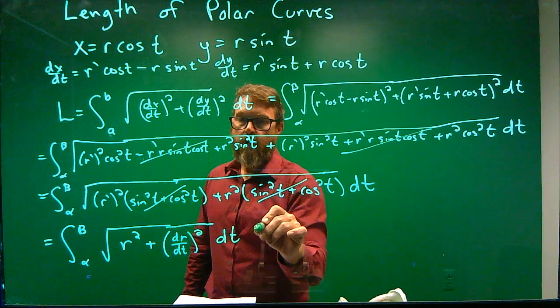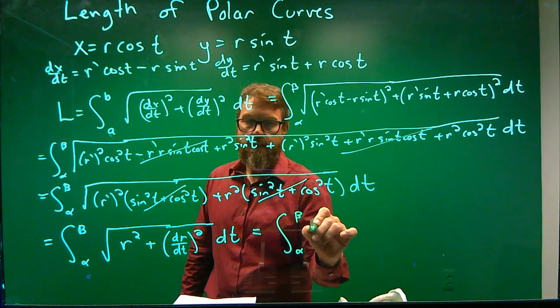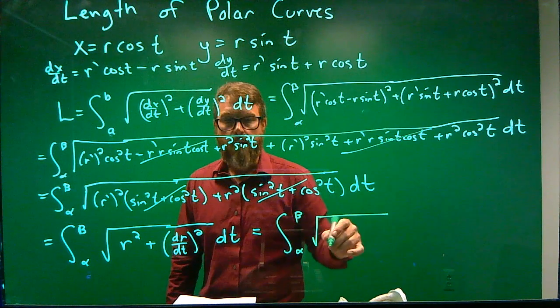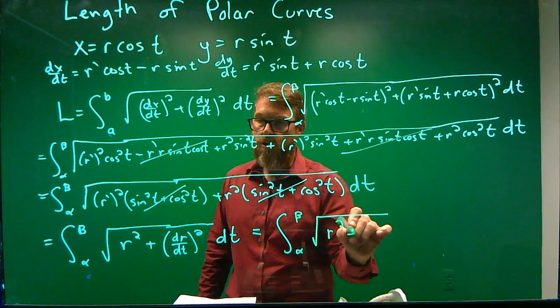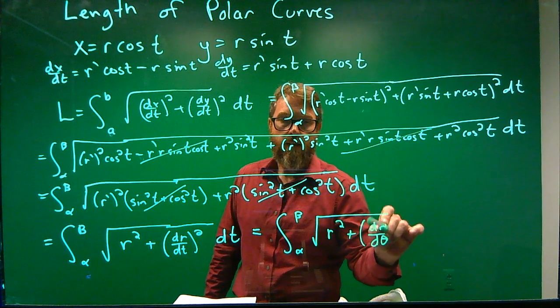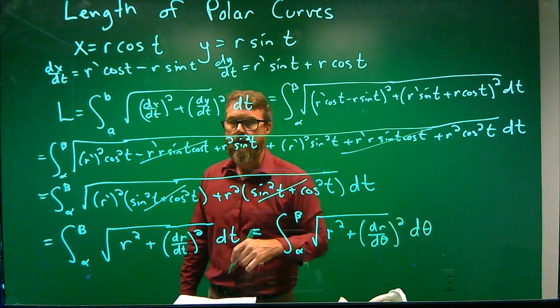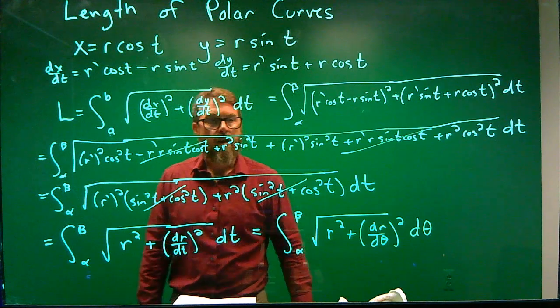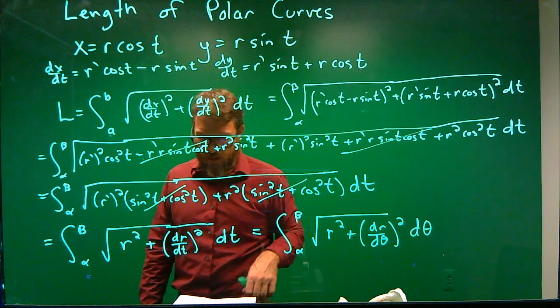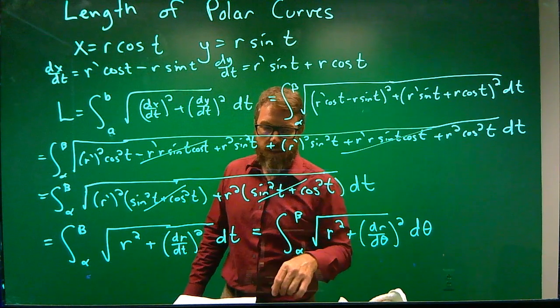Now, many books don't use t, they use theta, so let's do this from theta instead, but it's just going to be a dummy variable change, so r squared plus dr d theta squared d theta. So just let t equal theta, so then dt equals d theta. All right, so that's the formula we're going to use. I'm going to pause this, come up with an equation, and then we will put this into practice.